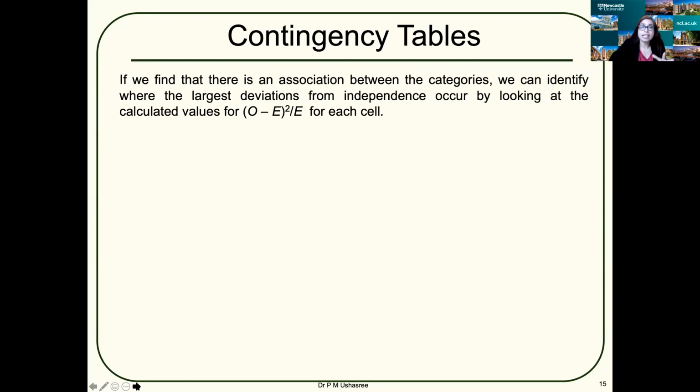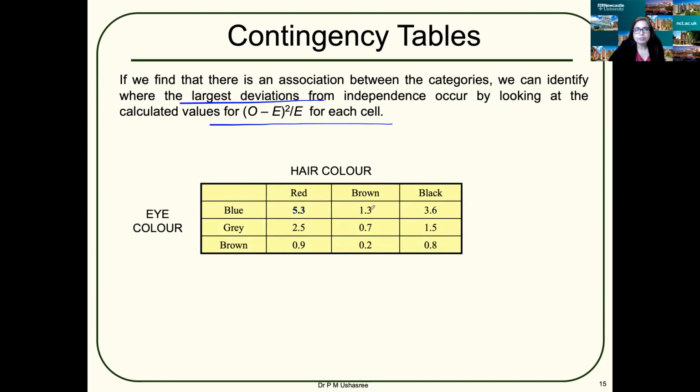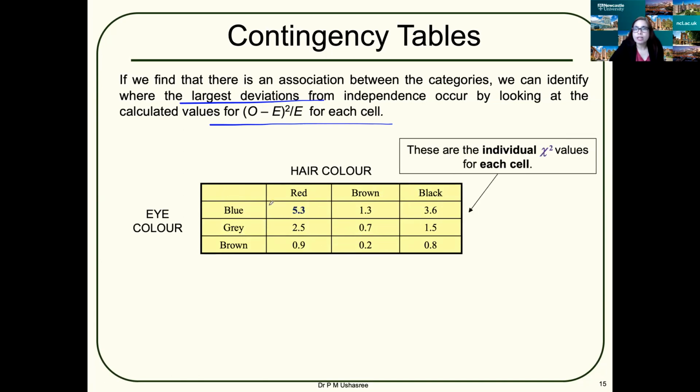Now there is one more thing we need to understand here. If we find that there is an association between the categories, we can identify where the largest deviation from independence occurs by looking at the calculated chi-square values for each cell.